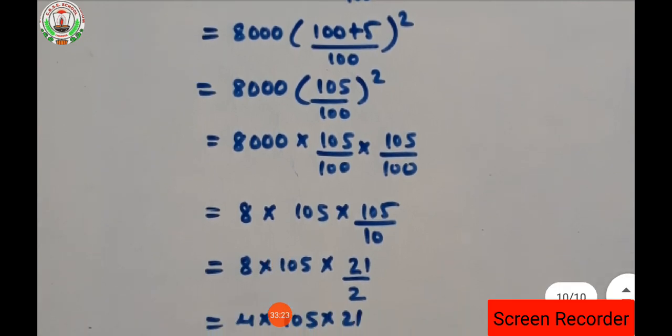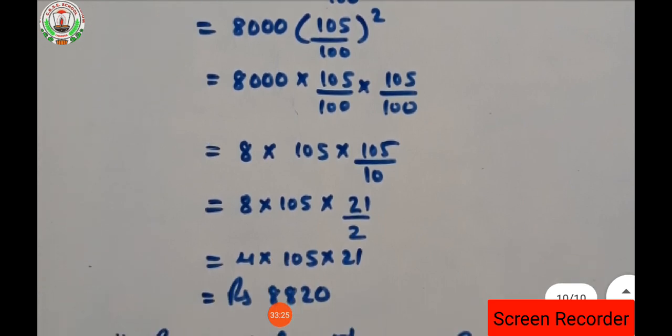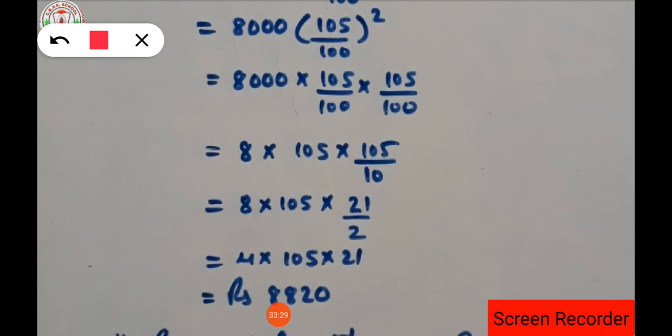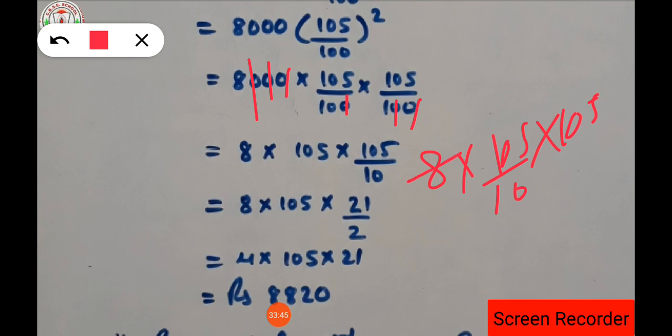We can solve easily, isn't it? Zeros will get cancelled here. How many zeros are there? 1, 2 zeros in the numerator and denominator will get cancelled. Again one 0 from here, one 0 from here. So what is the number left out? 8 into 105 into 105 upon 10 is left out. It will get cancelled by the table of 2.